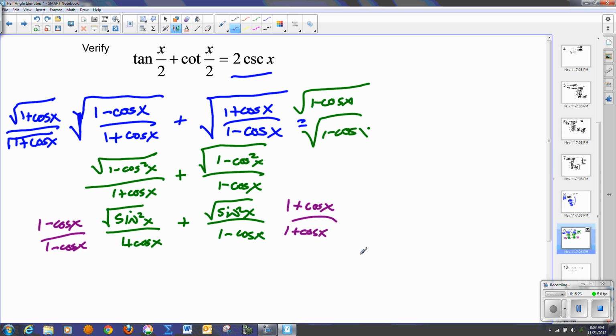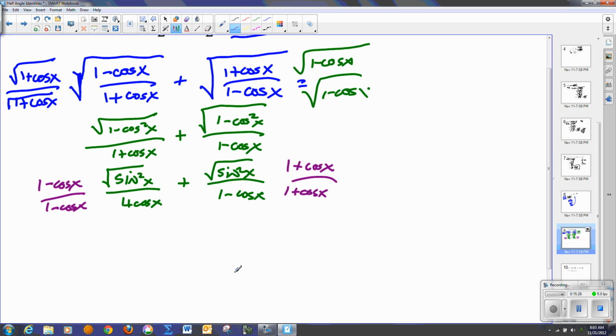So in our next step, we have in the denominator, I have 1 minus cosine squared of x, because that's 1 plus cosine times 1 minus cosine.